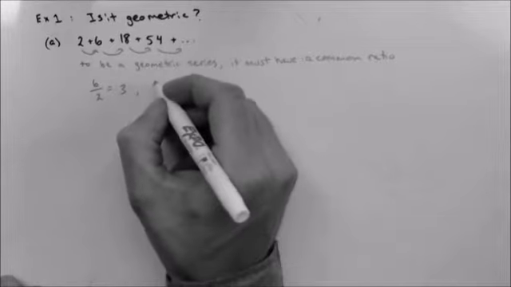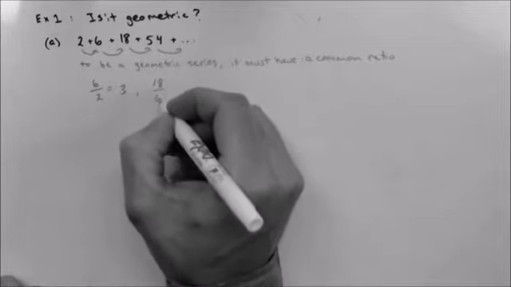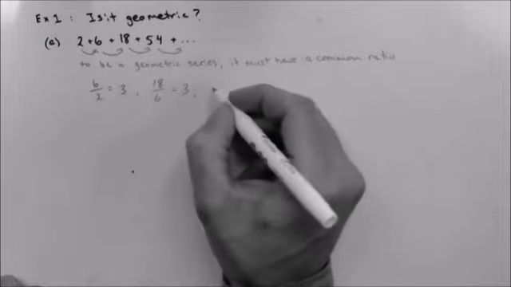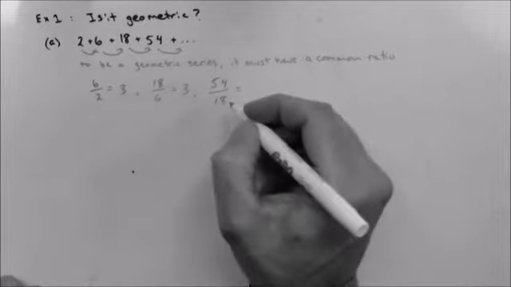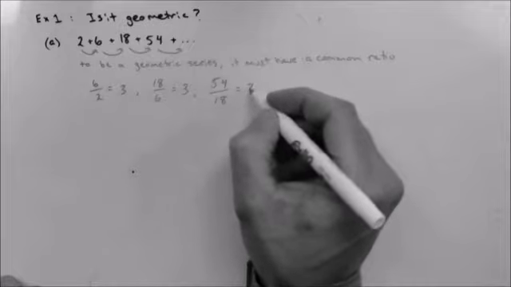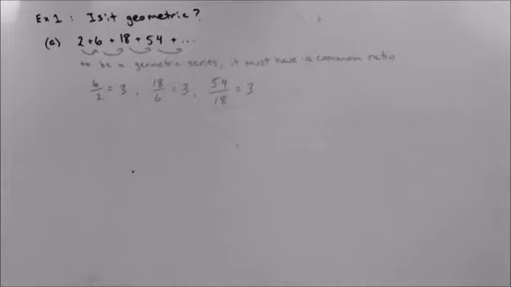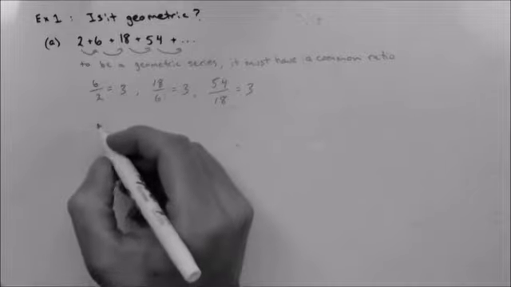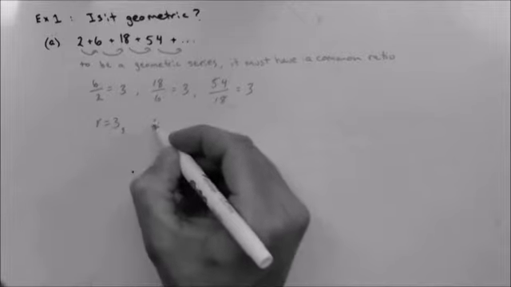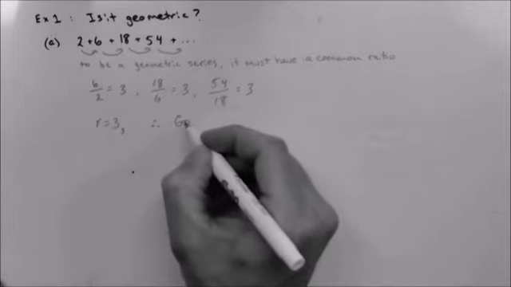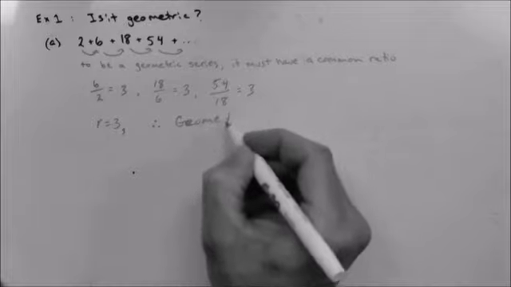Well, let's see if we get that ratio between term 3 and term 2. Yes. Let's try again, just in case. Take term 4, divide it by term 3, and we get 3. So there is a common ratio of consecutive terms. It's 3. Therefore, let's say r equals 3, therefore, geometric.